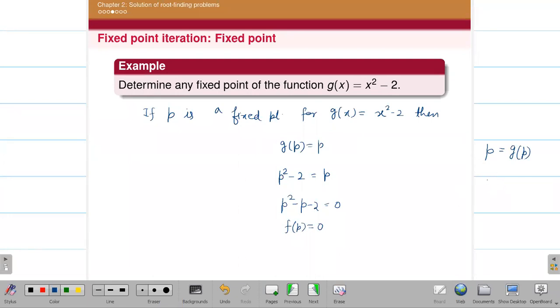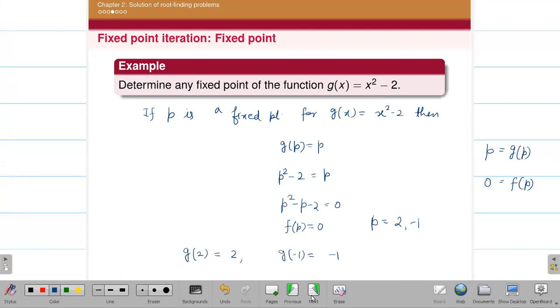In the root finding problem, you have 0 and here you have f of P. So if you find the root of this equation, that will give you the fixed point for this problem. What is P? It is 2 and minus 1. If I put 2 here, I will get 2 as a fixed point, and if I put minus 1, this is also a fixed point. So there are two fixed points for this function.